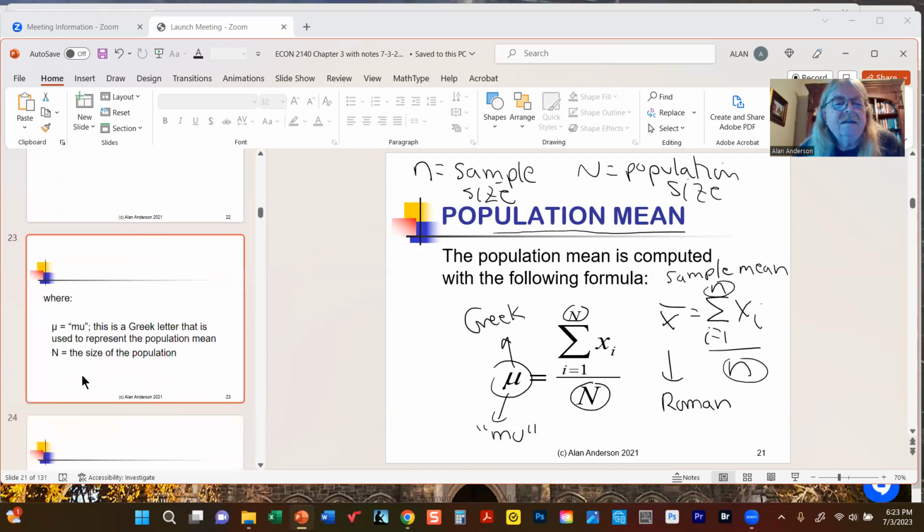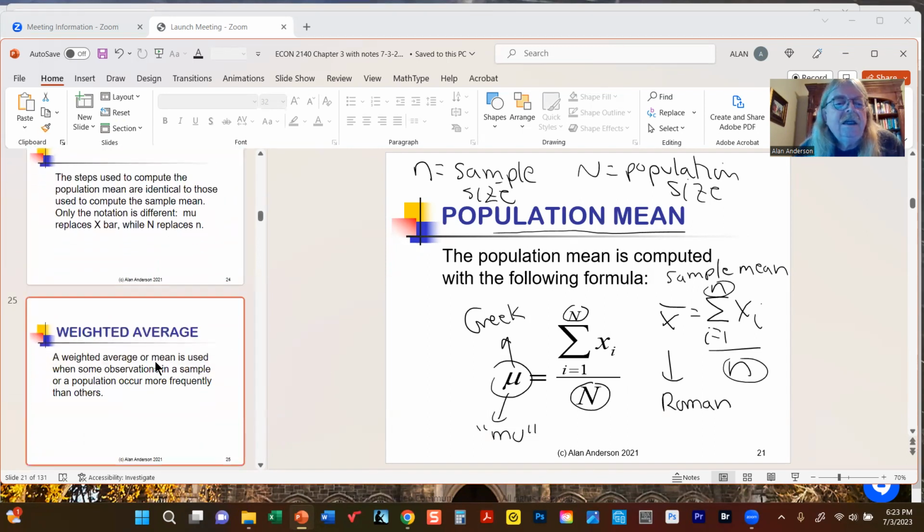All right, so now here's an interesting type of mean that we might encounter. Not all situations are the same. We may have different types of data, and sometimes we might have a group of data where, let's say, many of the sample elements are repeated multiple times. A good example of this would be GPAs.